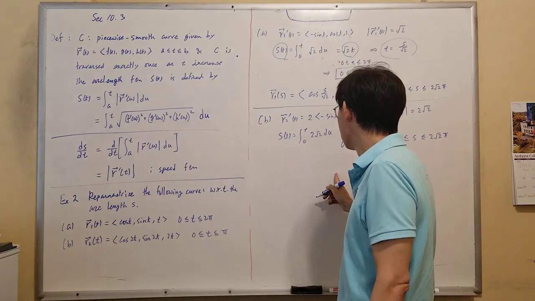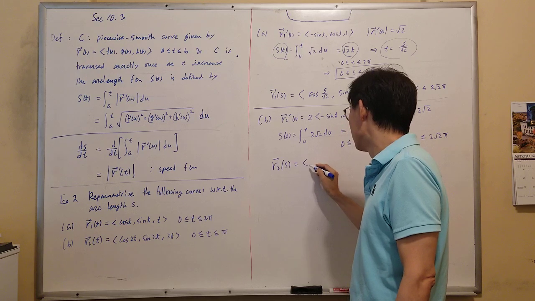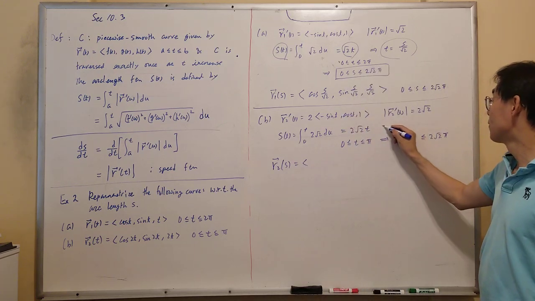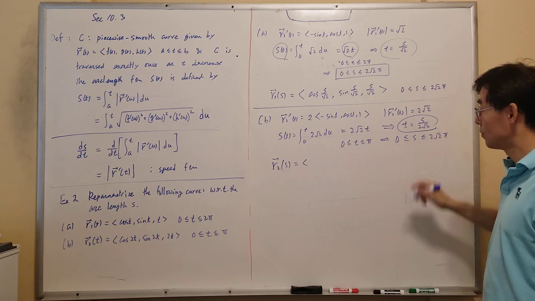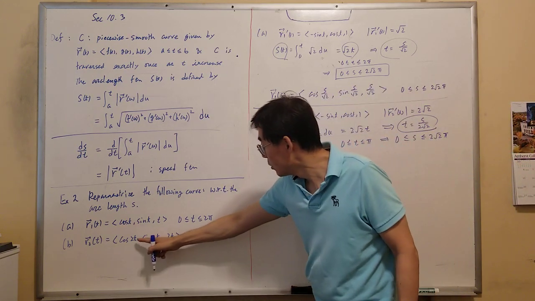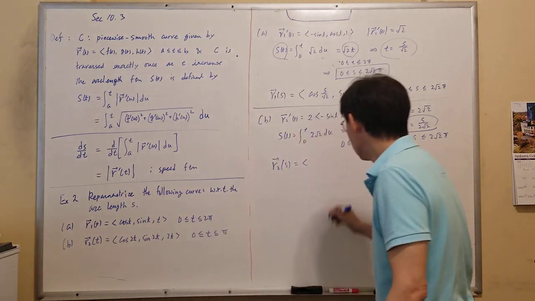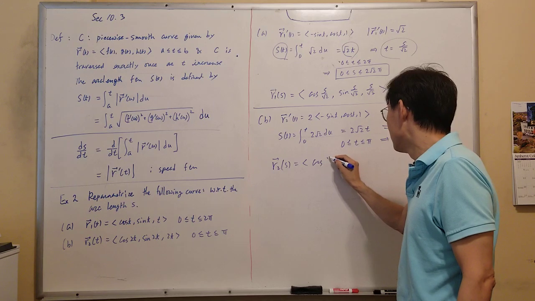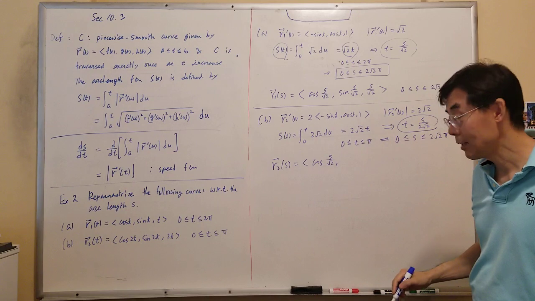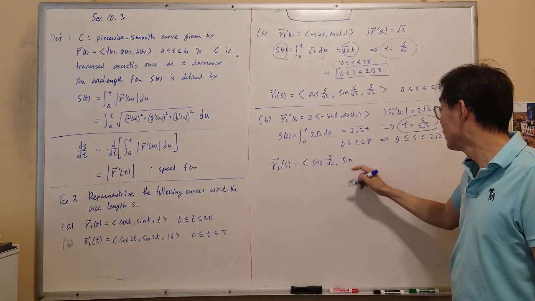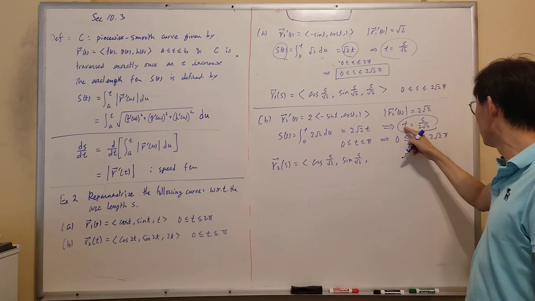Now, let's use s here. Then what do you get? From there, t will be s over 2 square root of 2. Plug it in here: 2 times s over 2 square root of 2. The 2s cancel. You still get s over square root of 2. Right? And sine 2t will also be s over square root of 2.